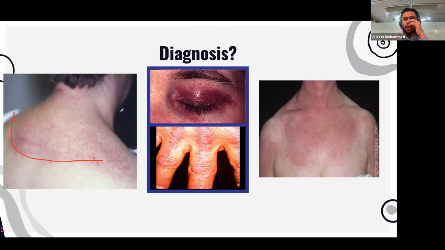Okay. Exactly. This one was the one you mentioned, which is the V sign. What is this one? Heliotrope sign. Perfect. Good.